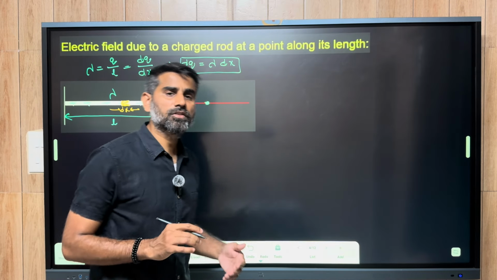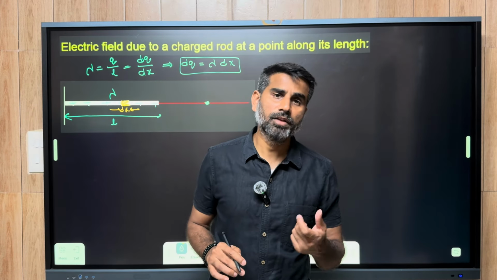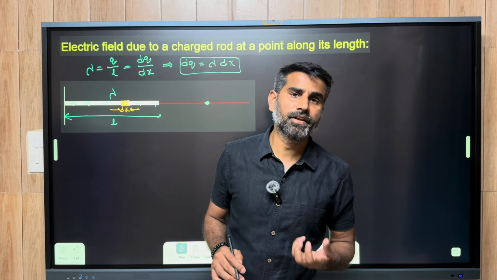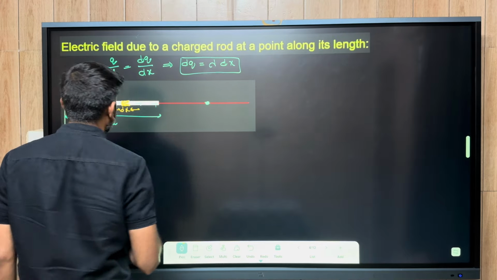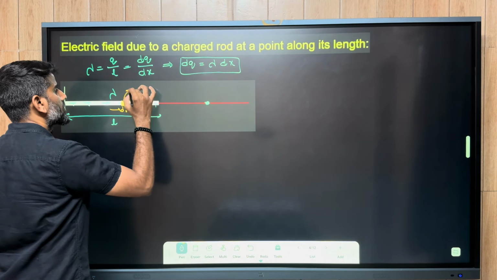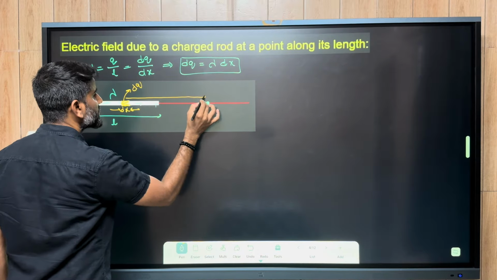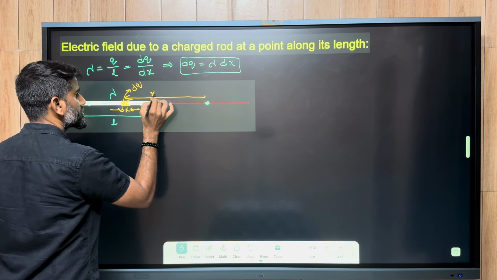As the rod is aligned along the x-axis, I've taken the small elemental length as dx. If it were aligned along the y-axis, I would have taken dy. It makes no difference. So the charge on this small element is dq, which we have considered at a distance x from the point of interest.